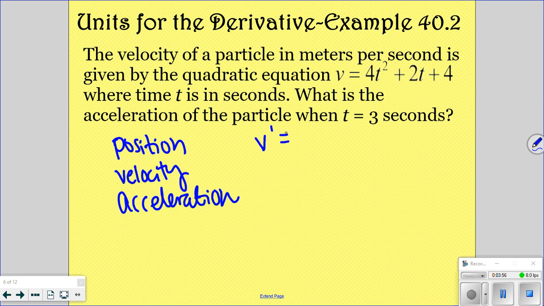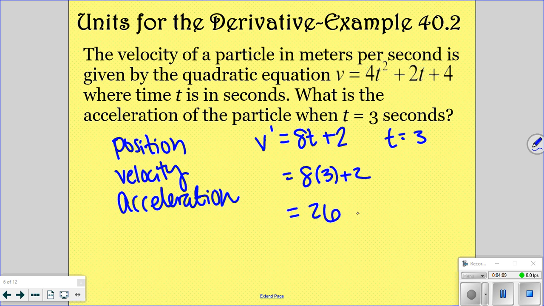So the derivative of the velocity is going to be 8t plus 2. And it says t equals 3. So we plug in 3, and that gives you 26. Now, velocity's units, it said, was meters per second.